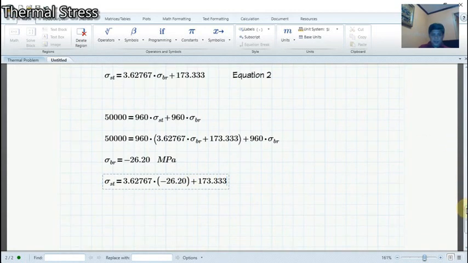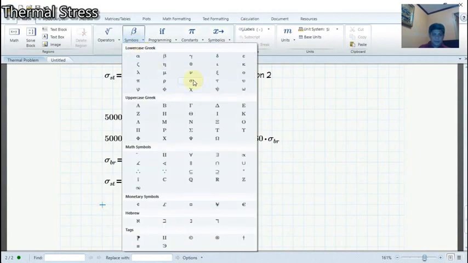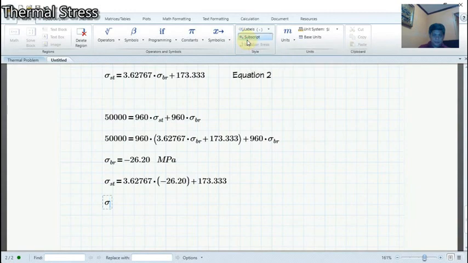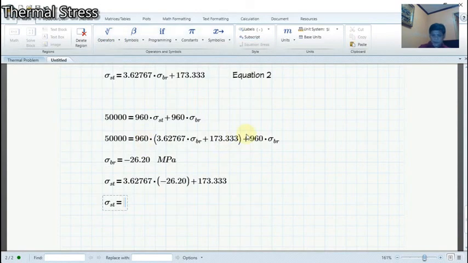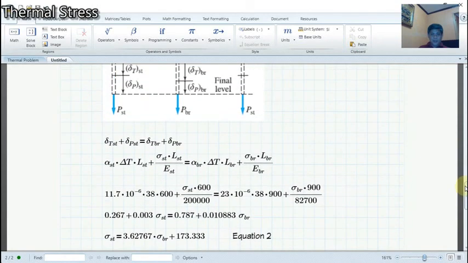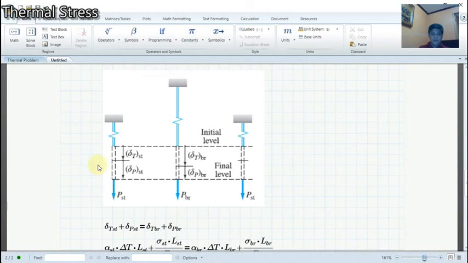So this will give us a stress of 78.288 megapascal. As you can see, we have a negative stress for the bronze. It's because the combined elongation of the bronze now is greater than that of the combined deformation of the steel.